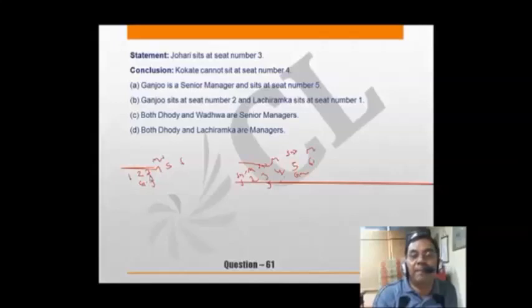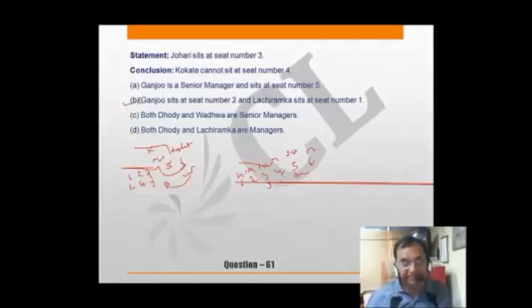And Lachi Ramika sits at number 1. Oh, this is clear. Dhodi and Vadhva have to occupy here, because otherwise they will be adjacent. So Kokate has to be at 5. Kokate cannot sit at seat number 4, we can say. So the answer becomes B.